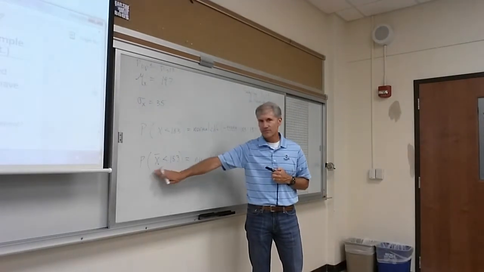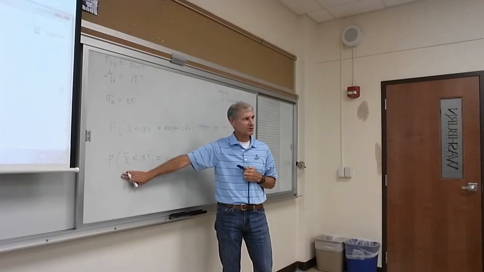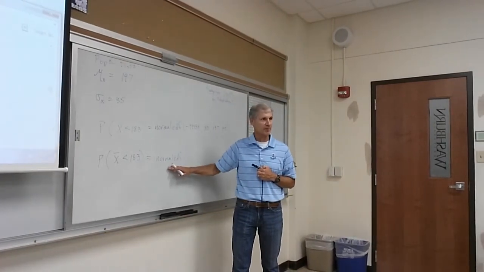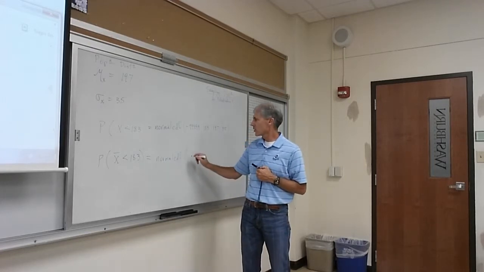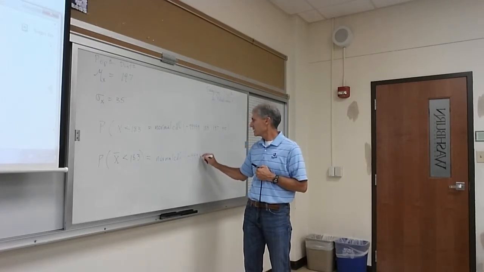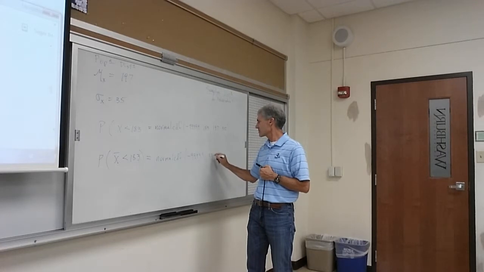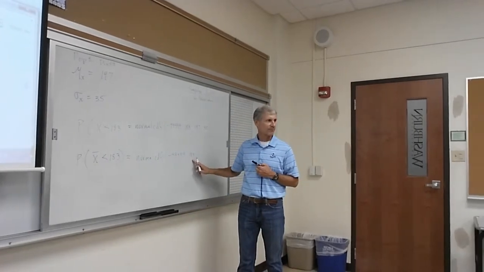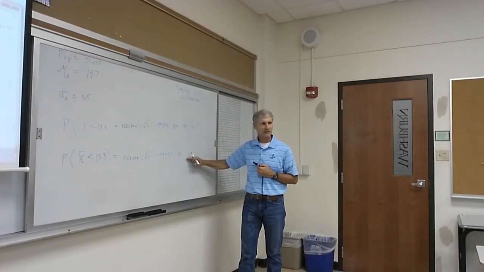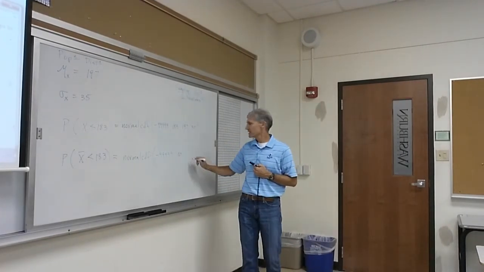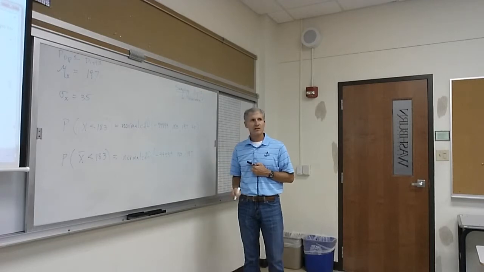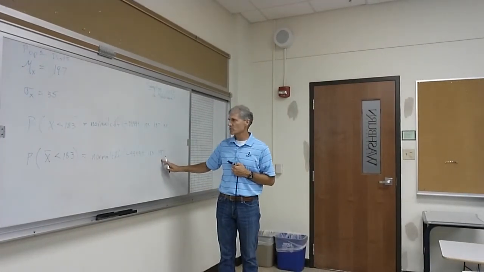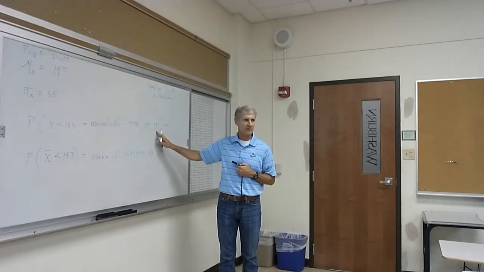So just knowing characteristic number 3, the shape of the distribution, tells me, oh, this is a normal CDF problem. Now my lower bound and my upper bound are the same as they were here: negative infinity to 183. What about the mean? It's the same. Central limit theorem says, that's characteristic number 1, that the mean of the sampling distribution will be the same as the mean for individuals.